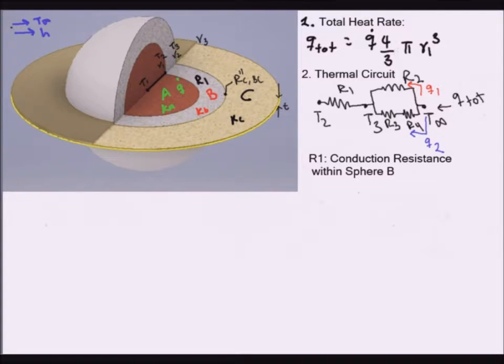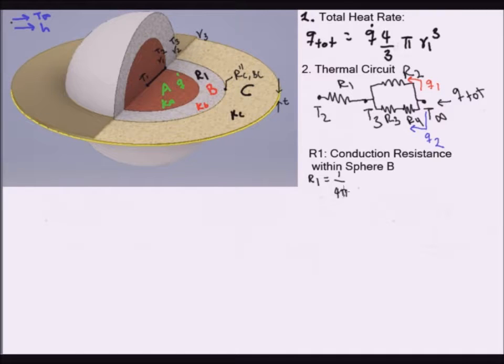You will go over this derivation in class, so I didn't include it in this video, but if you have any questions, feel free to message me. It's actually pretty simple. But so the expression for the resistance is also on your formula sheet, and it has the following form: 1 over 4 pi k times 1 over R1 minus 1 over R2.